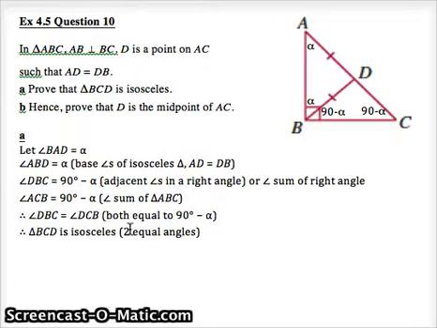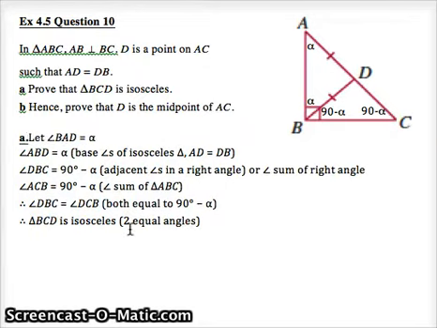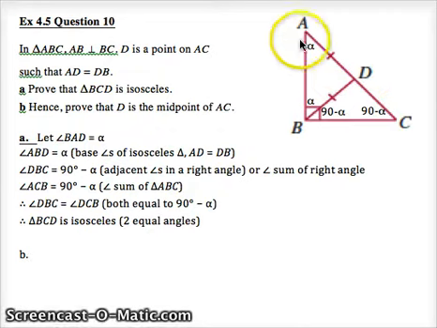Now for part B, we have to hence prove that D is the midpoint of AC. So we have to prove that D here is the midpoint of AC. In other words, we have to show really that AD is equal to DC. At the moment, we can see that AD is equal to DB because that was given.